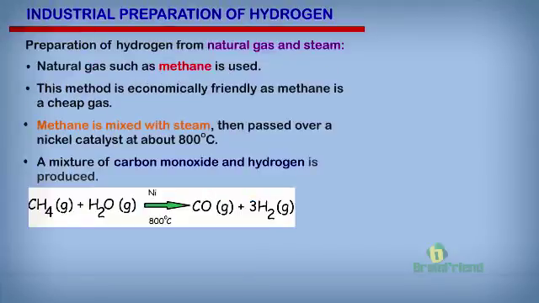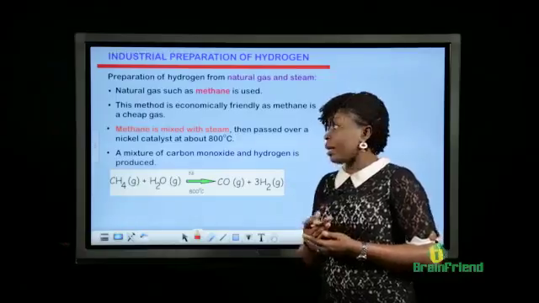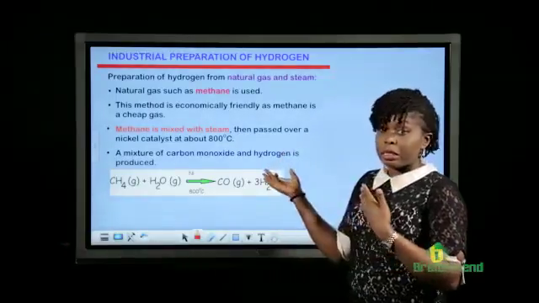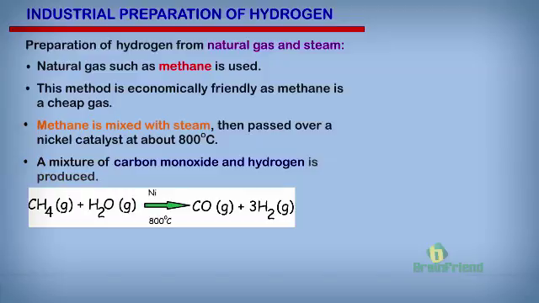Now, we'll be looking at the preparation of hydrogen from natural gas and steam. We can make use of natural gas such as methane to produce hydrogen because methane is quite cheap. So this method is economically friendly. What happens is that methane, which is CH4, is mixed with steam, water, then passed over a nickel catalyst at about 800 degrees Celsius.